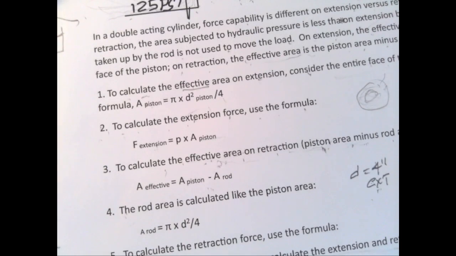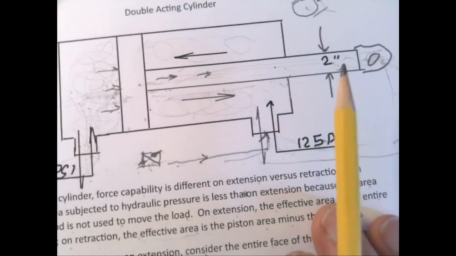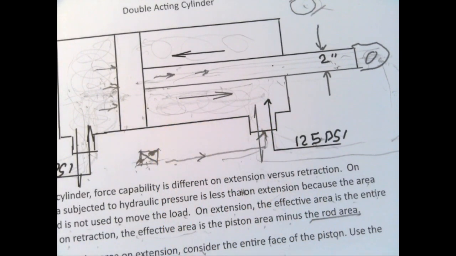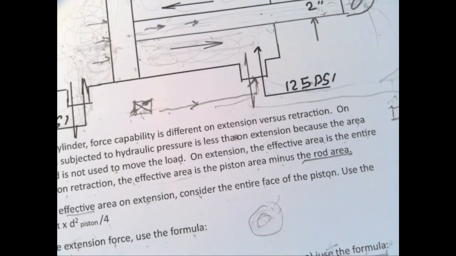So when that cylinder is retracting, with pressure coming in at 125 and pushing this way, you're going to get a force of 1,182. When pressure is coming in on this side and you get the full surface area, you're going to get a force of 1,570.75 pounds. And this is also pounds per square inch.